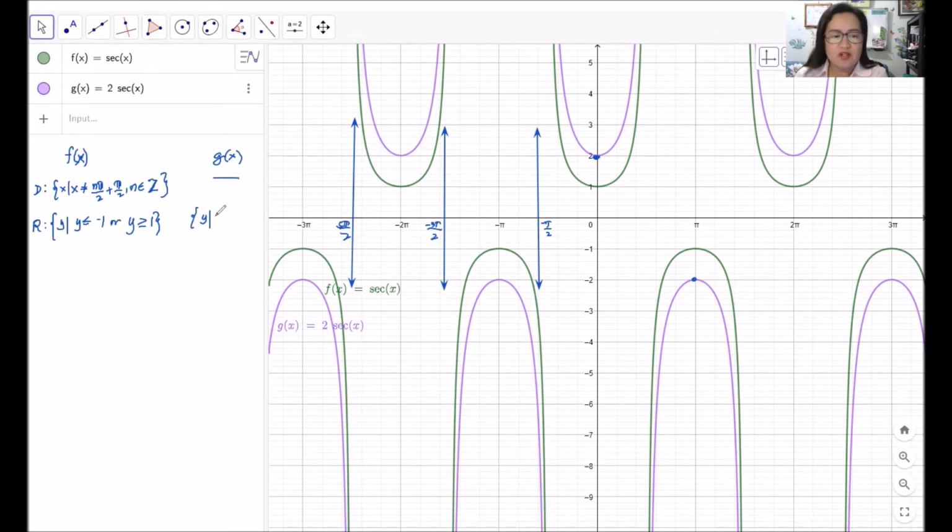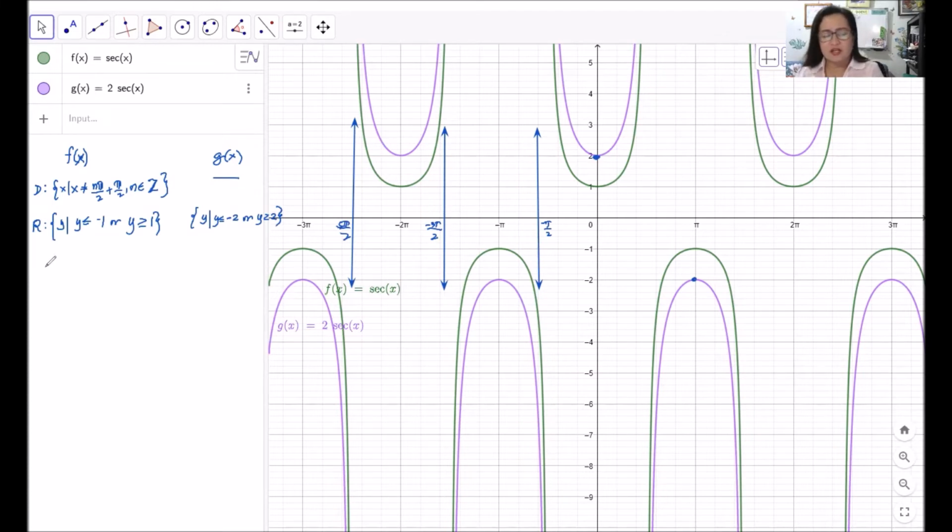So therefore, there is a significant change in the range. The range would be the set of all y such that y is less than or equal to negative 2, or y is greater than or equal to positive 2. So that's a significant change.